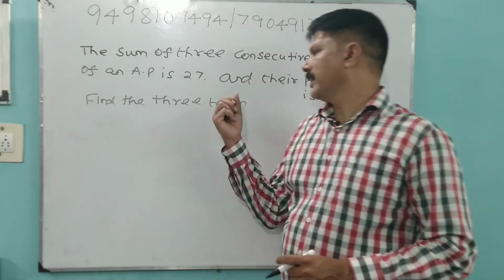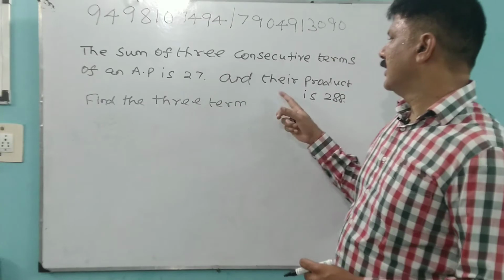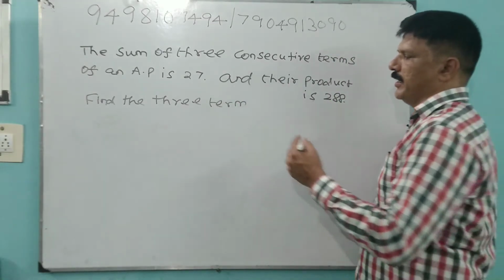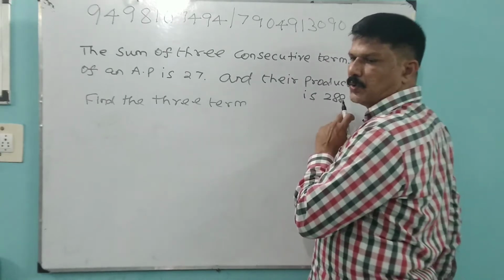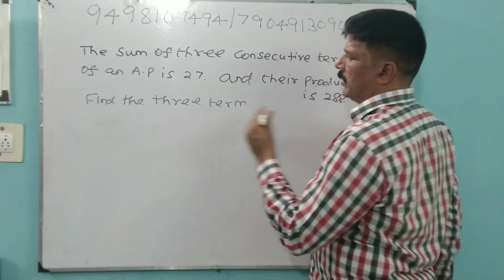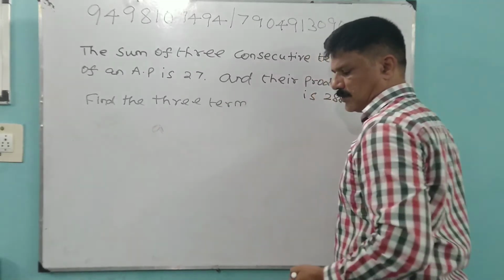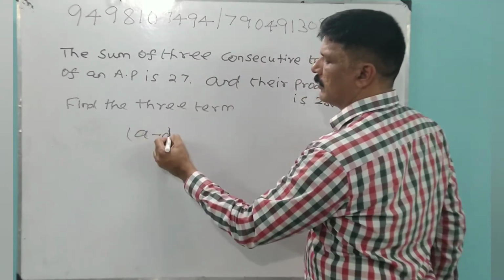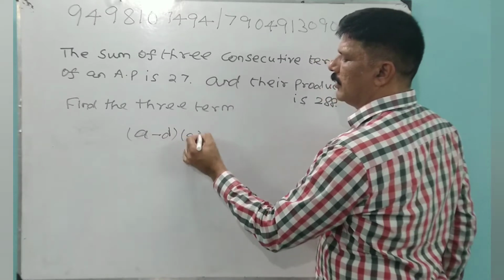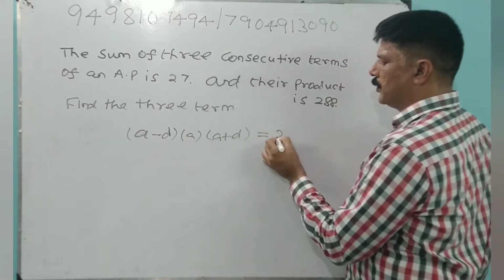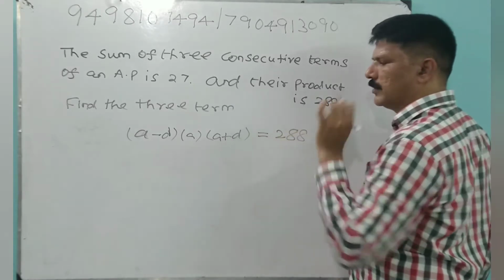What is the information given in the question? The second one: their product is 288. Product means multiplication. So the product of 3 consecutive terms, a minus d into a into a plus d equal to 288.